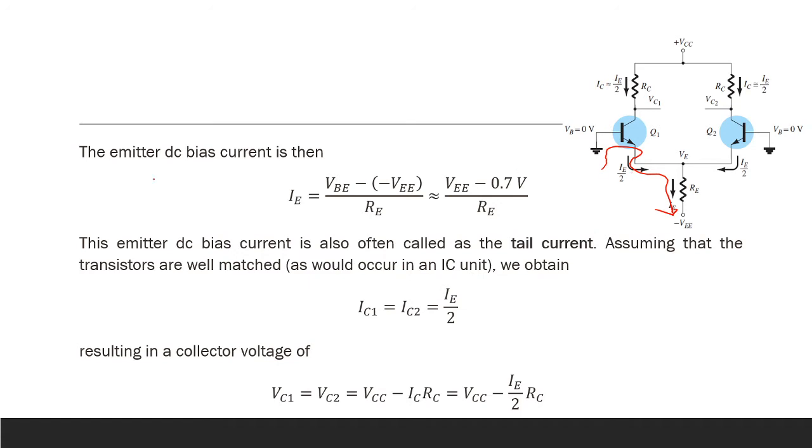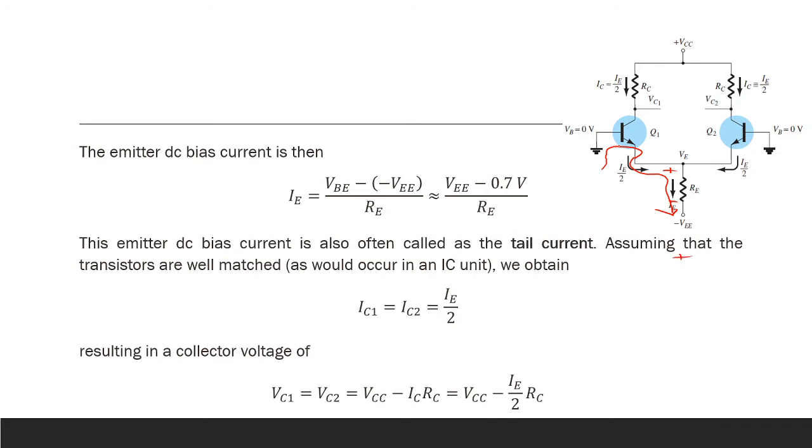So, kung magki-KVL tayo doon, we will have IE is equal to, actually, gawin ko muna yung actual. Yung actual is VBE. This is NPN. No? This is NPN. Tapos plus to, minus plus lalabas.